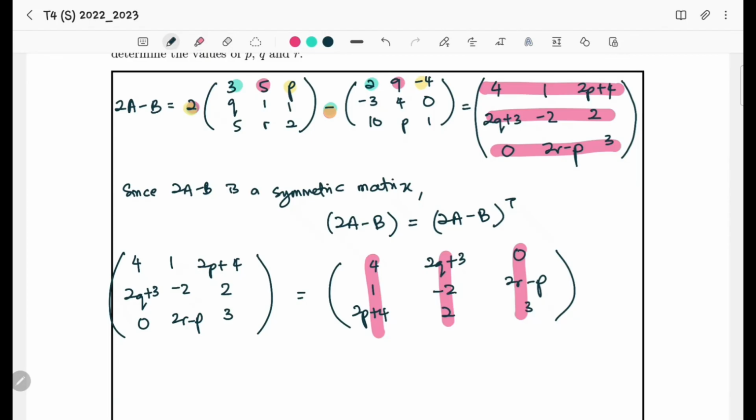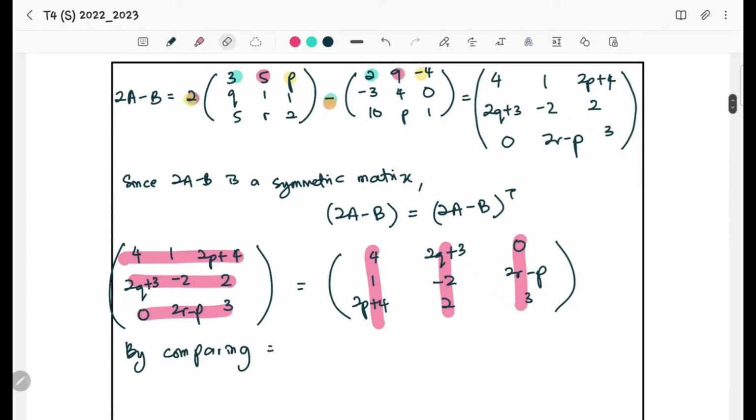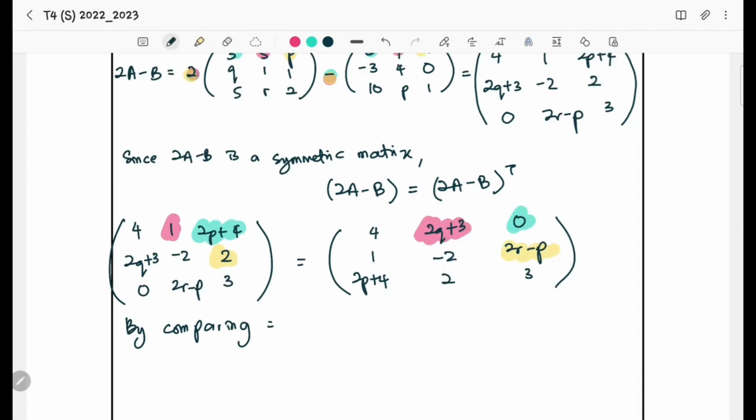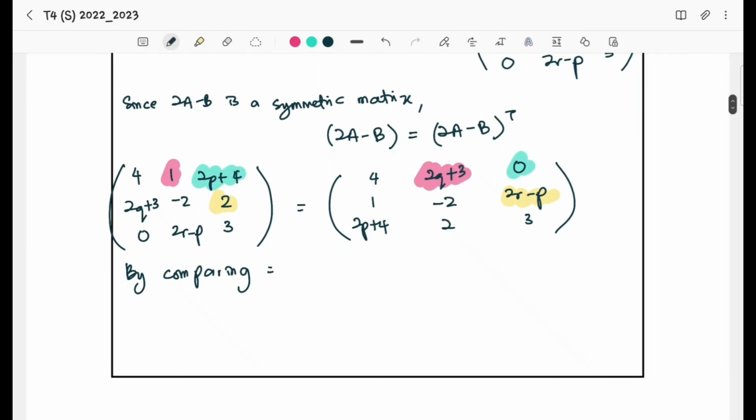You can see that I've just interchanged the rows and columns. So now we can compare the entries. I'm focusing on the entries that have Q, R, and P. We don't need to compare everything, just take what we want. So 1 is equal to 2Q plus 3, the red one.